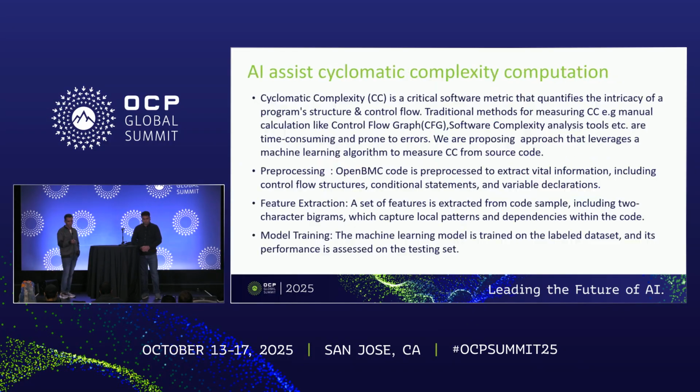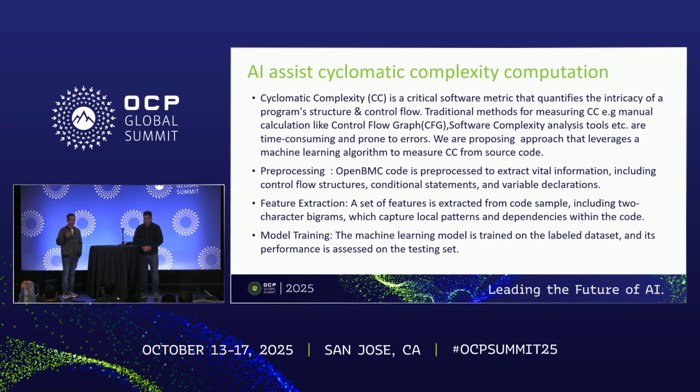Now another aspect of this tool is that we are looking at the cyclomatic complexity of code. Cyclomatic complexity is a metric that gives the program structure or program complexity, and the control flow complexity is measured.